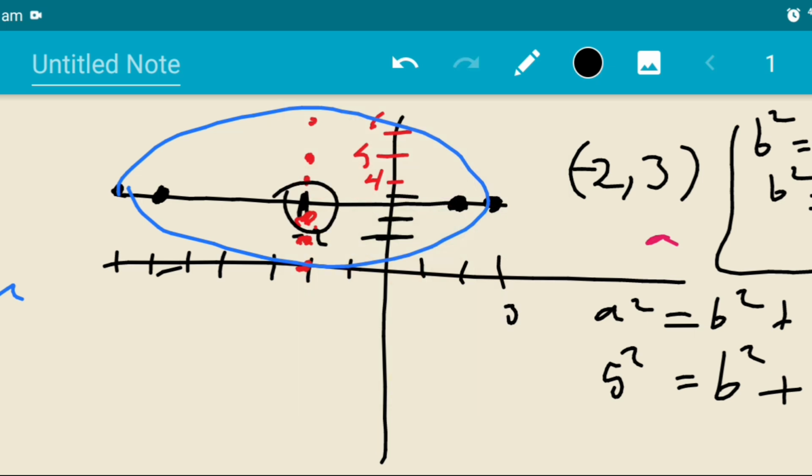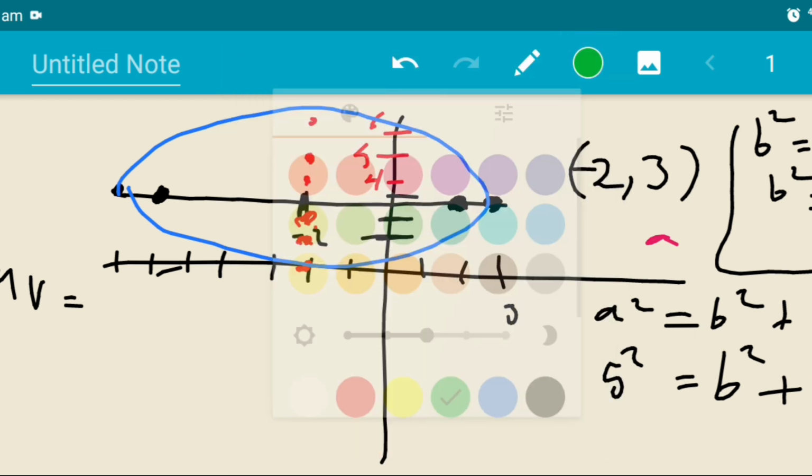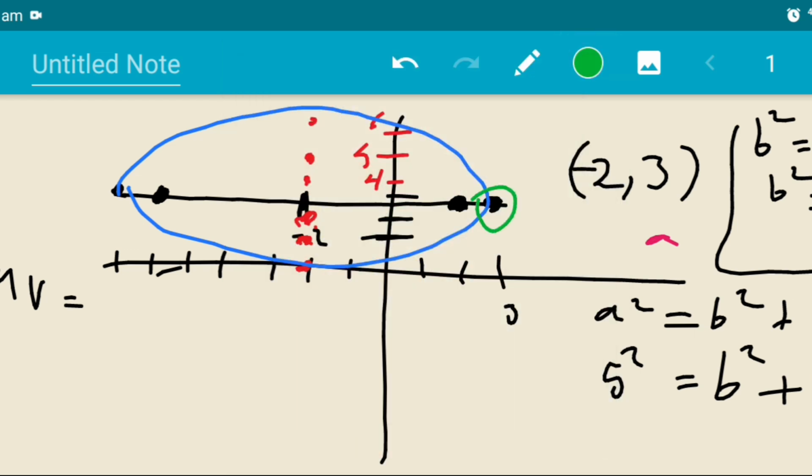Starting from the origin going to the left, let's start with major vertices. Let me use a different color. We would have where x is equal to 3 and y is equal to what? 3. Actually, these were given. So what we didn't have were the minor vertices.